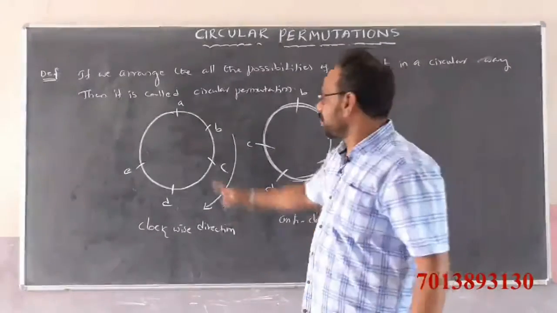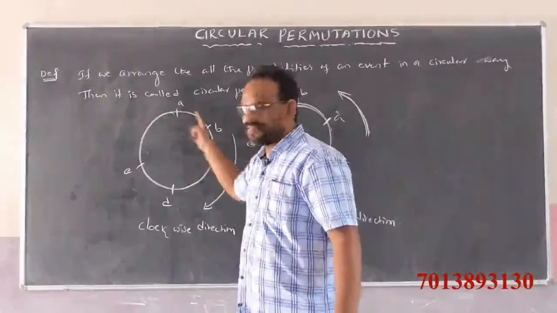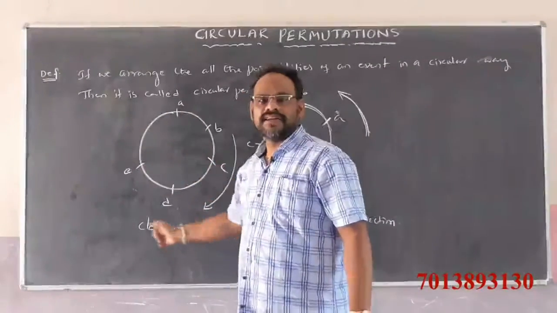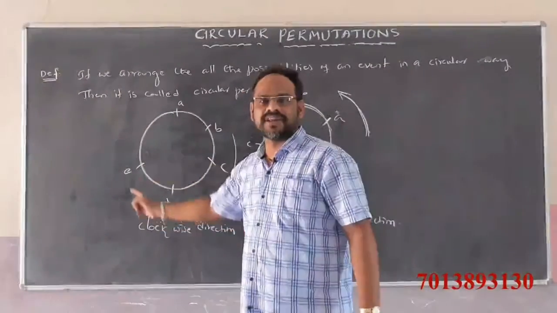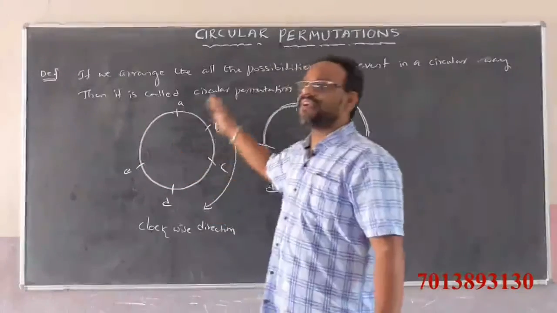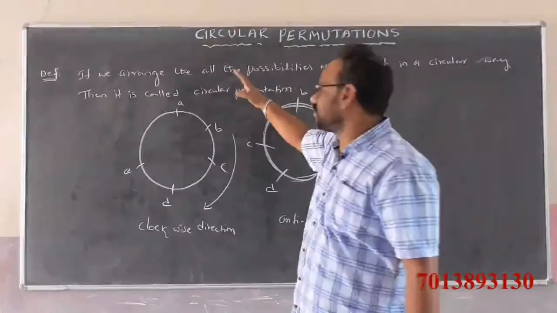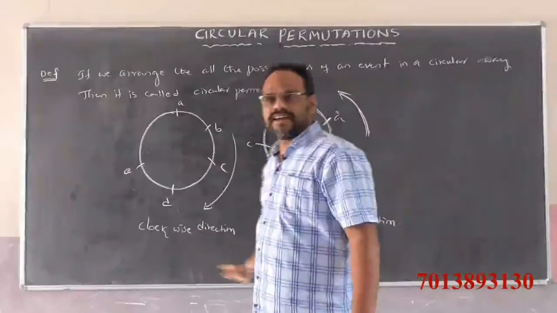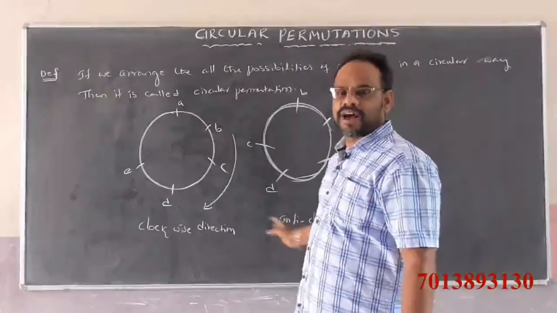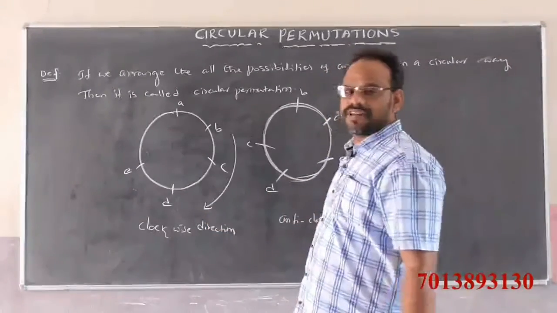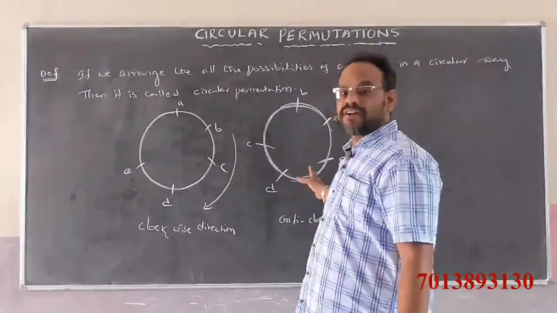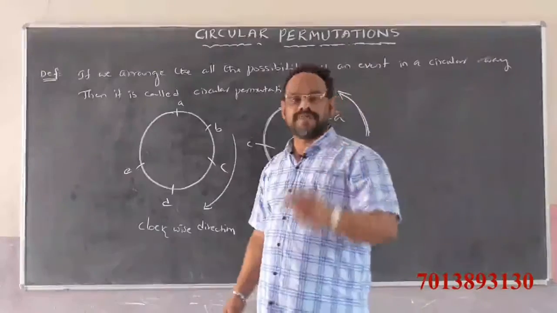In circular permutations, we have two arrangements, clockwise and anti-clockwise, so we take two permutations.